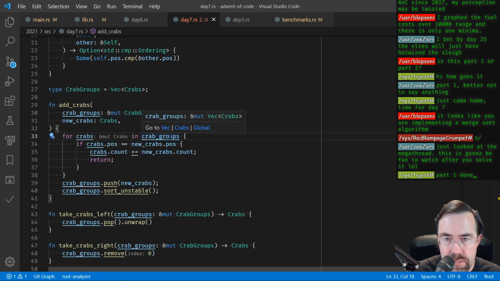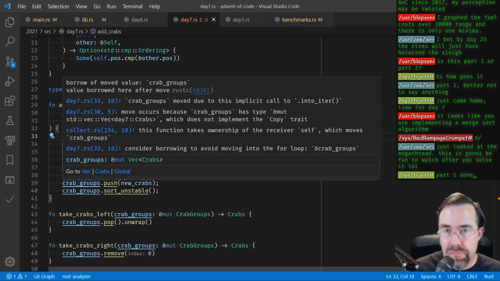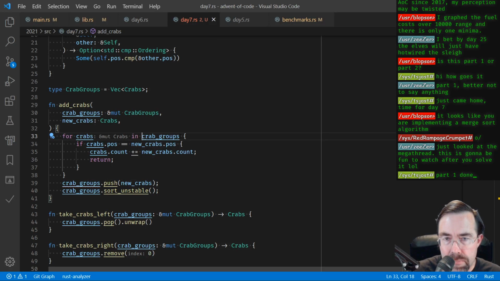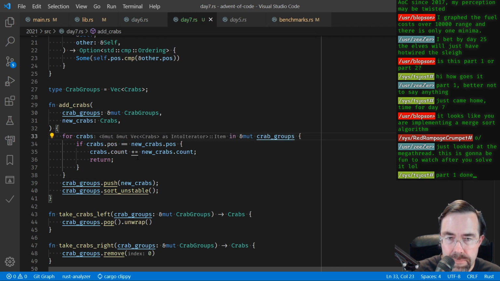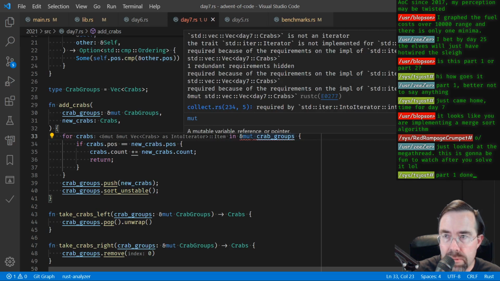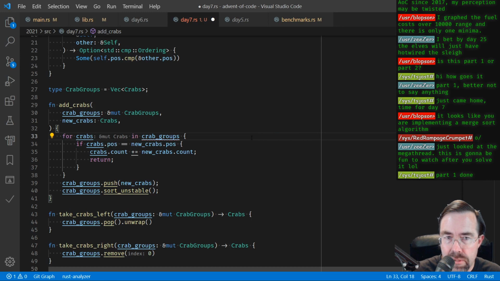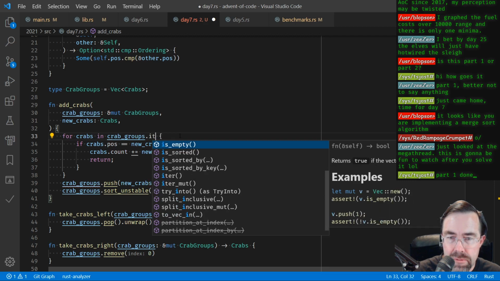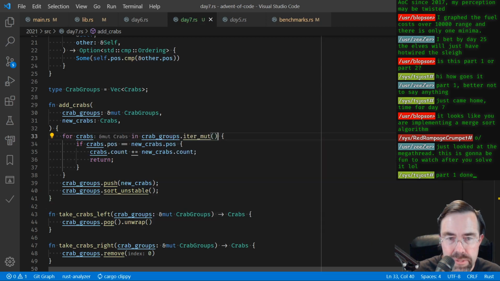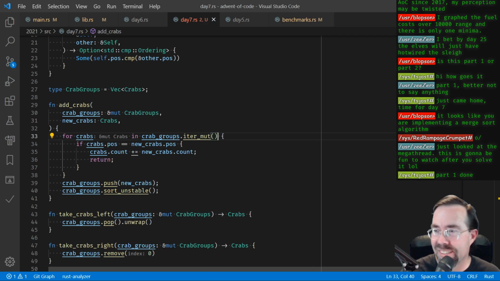This consumes it, so it's going to complain about it being moved. Iter mut. Or no, I just do mut here, and then, nope. That's not how we do it. It is iter mut. What am I thinking? Okay, there we go.